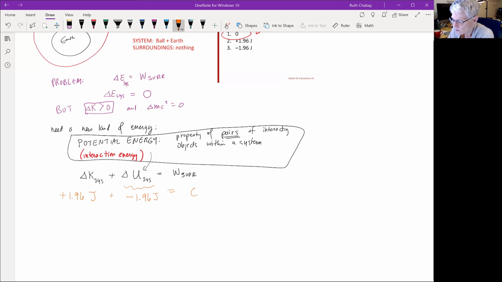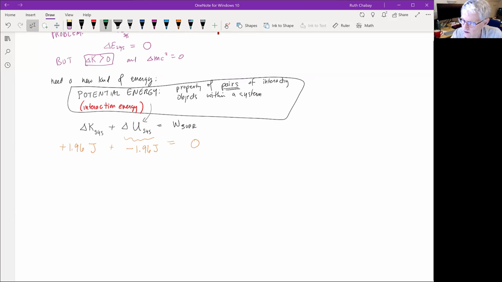And that would equal 0. And we can see from this that the change in potential energy of the system is equal to the negative of the amount of work done on the ball by the Earth. So it's equal to the negative of work done by objects internal to the system.